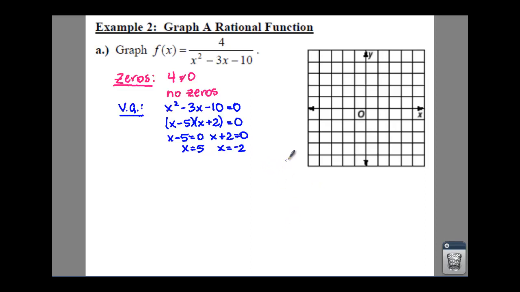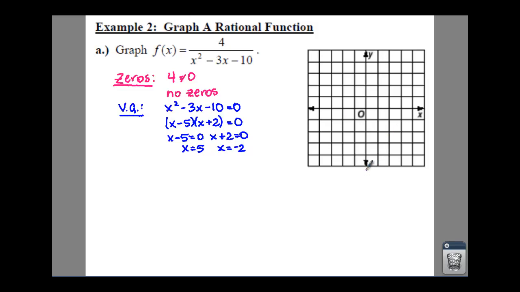So we're going to go ahead and plot your vertical asymptotes. We're going to go back here to negative 2. Actually, we're going to go off this graph if we go over here and do 5, so let's go by 2's instead. I'm going to do a little labeling here.